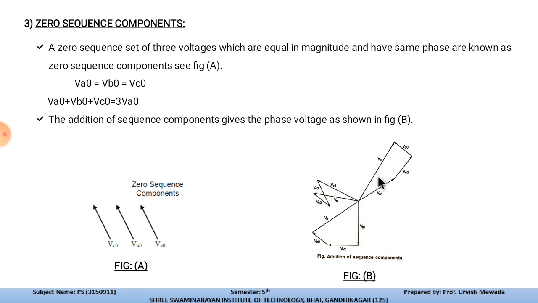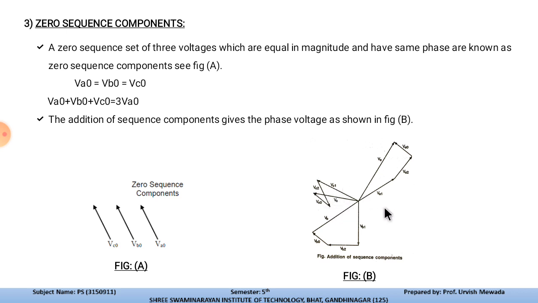And then we have the VA, then VB, and this is the VC. So this is the initial state of the unbalanced system.